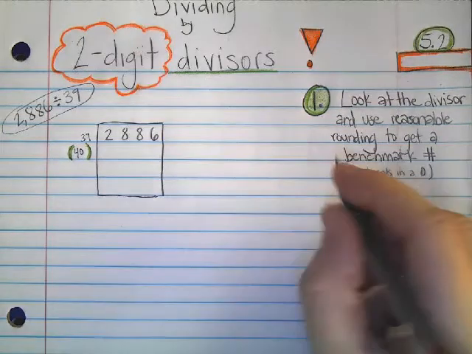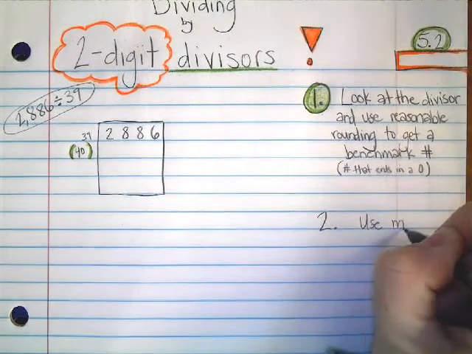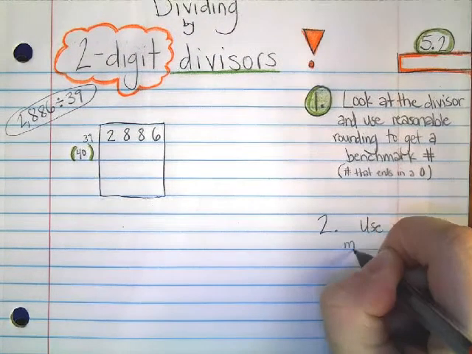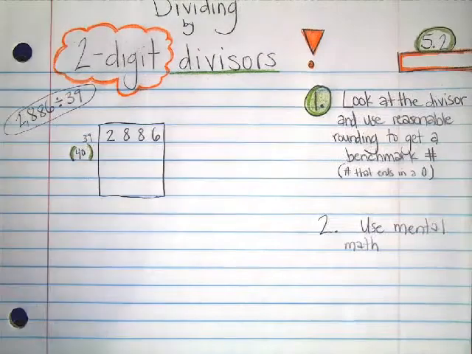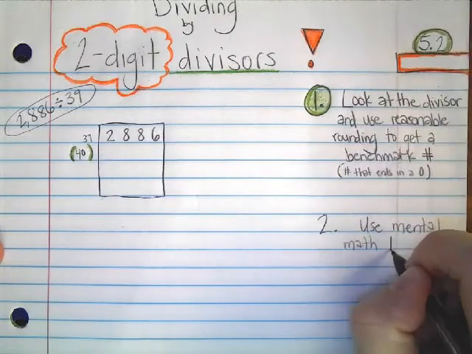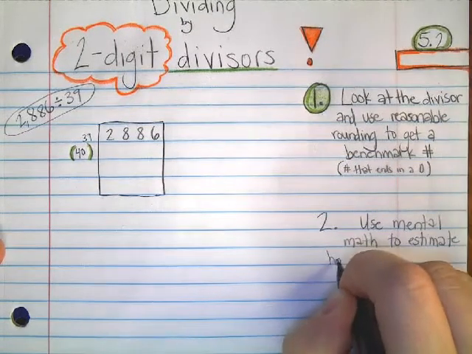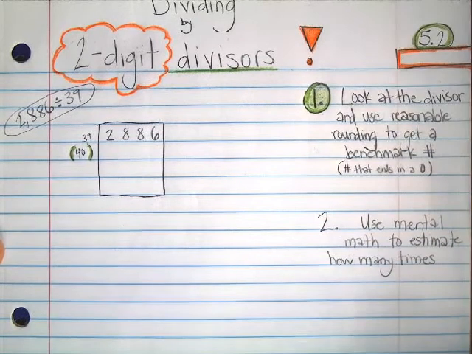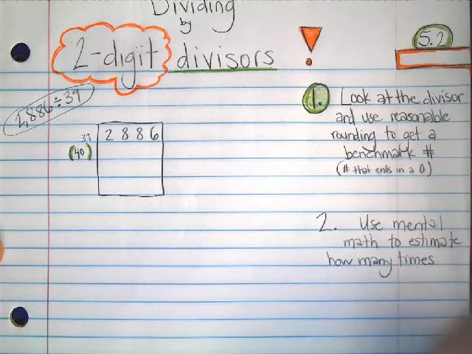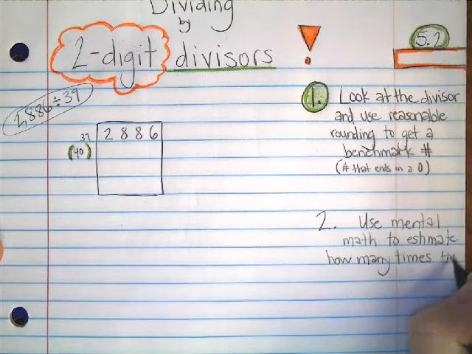And it says, use mental math to estimate how many times the benchmark number can go into the dividend.